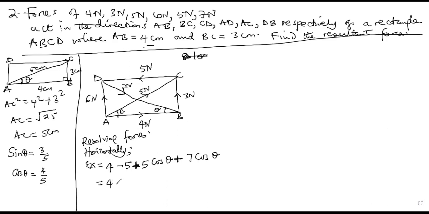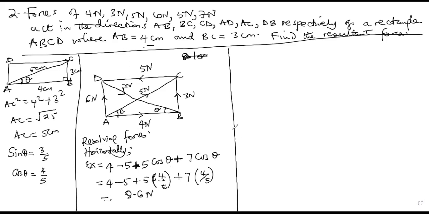So it will be 4 minus 5 plus 5 cos theta. Cos theta is 4 out of 5. So 5 into 4 out of 5 plus 7 cos theta, which is 4 out of 5. So working on this, this is going to give you 80.6 Newton. You will ask me after I have done maybe the vertical.